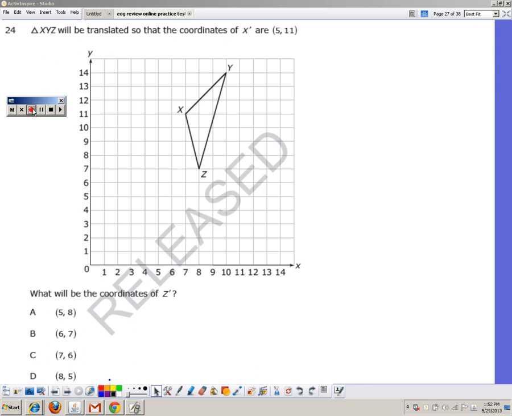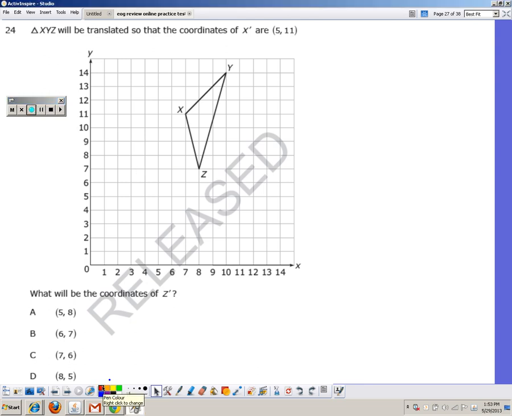Question 24 is about a translation. They tell you that X is at 7, 11, Y is at 9, 14, and Z is at 8, 7. They want you to translate it so that the new coordinates of X prime are 5, 11.